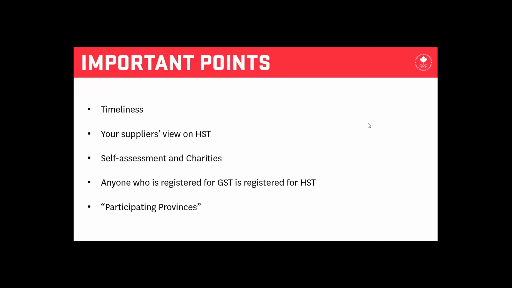Participating provinces are provinces which have HST. It's that simple. And non-participating provinces are provinces which do not have HST but instead have GST only or GST plus their provincial tax. And that's it. That's just an admin point that's important to note.